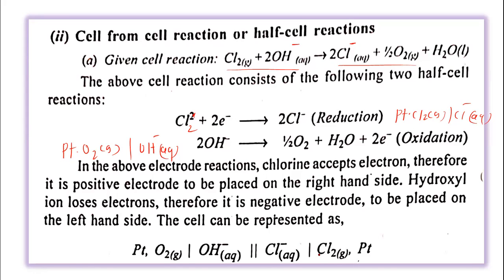So we know the process of how to write the cell reaction from the given galvanic cell, and we also know how to construct a cell from the cell reaction. So this is very important here, to construct a galvanic cell or to write the cell reaction of the particular galvanic cell.